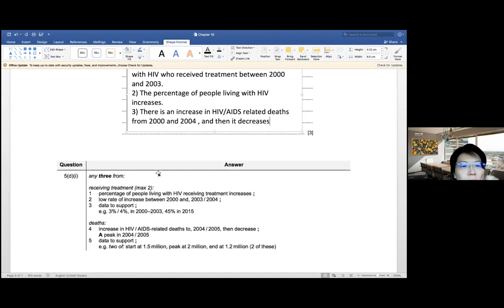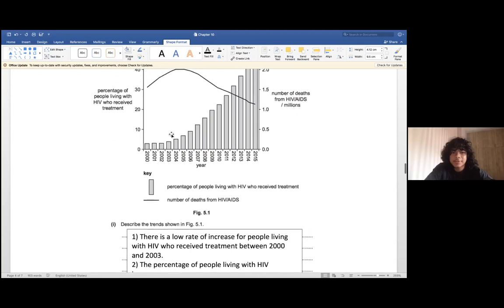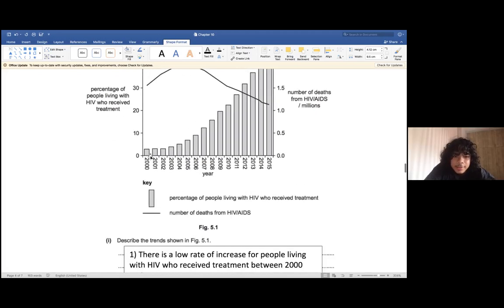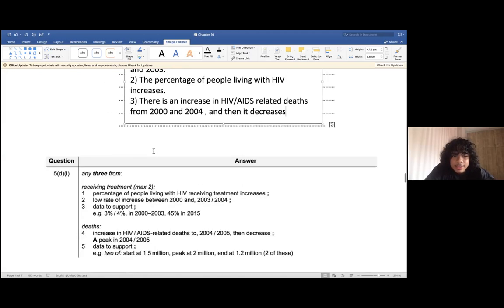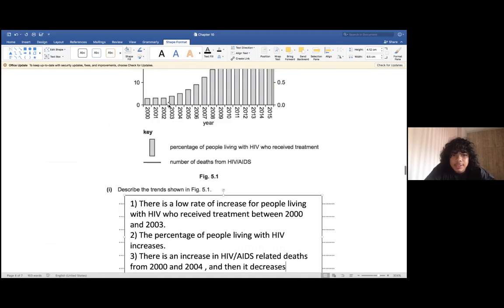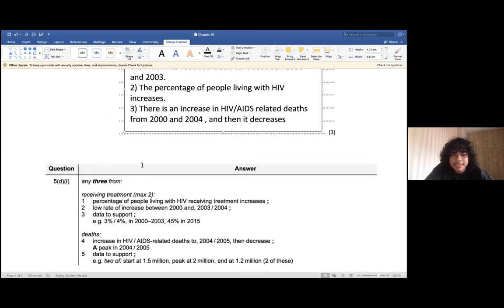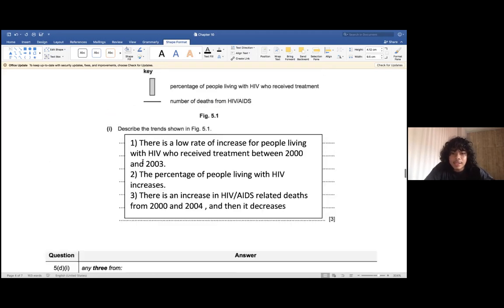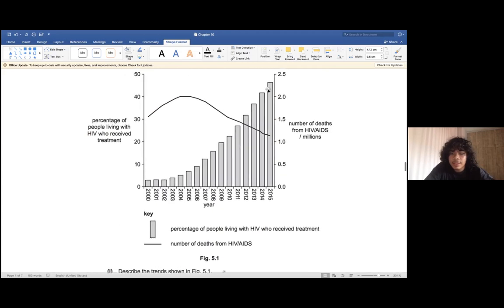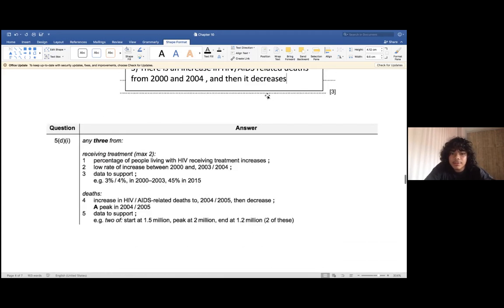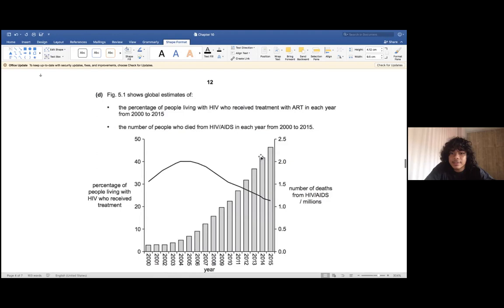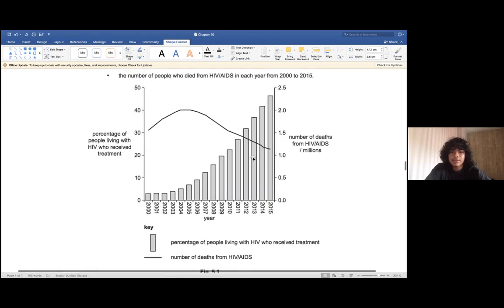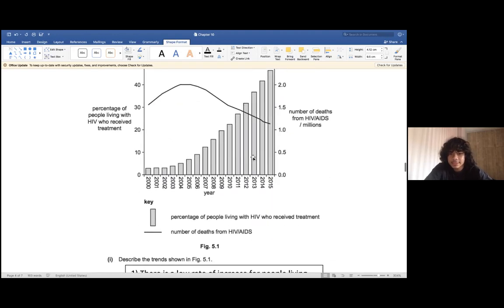So over here, according to the mark scheme, between 2000 and 2003, on the y-axis, it's just 3% or 4%. And then in 2015, the peak, it's about 45%. So you guys can add that into your answers for support.